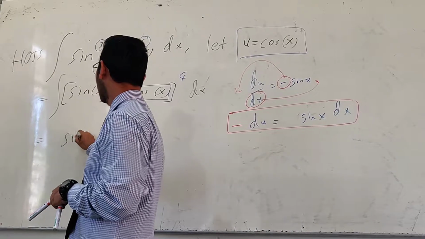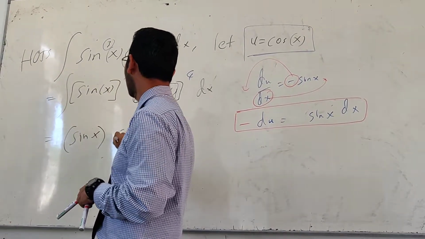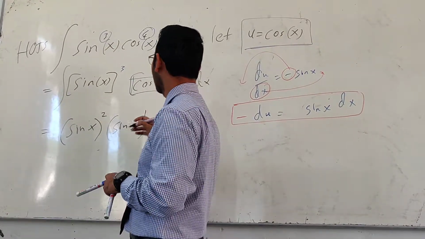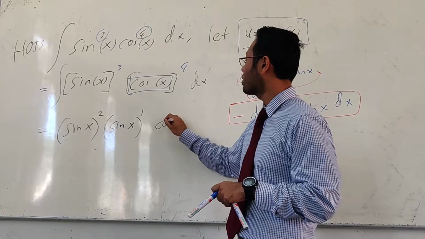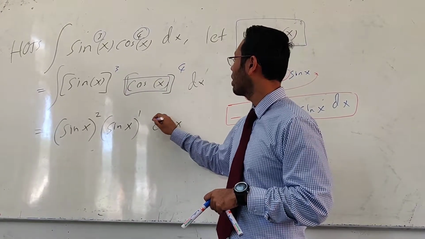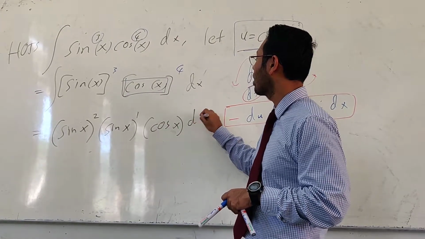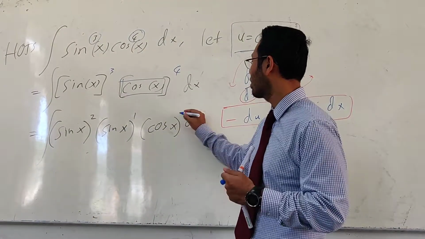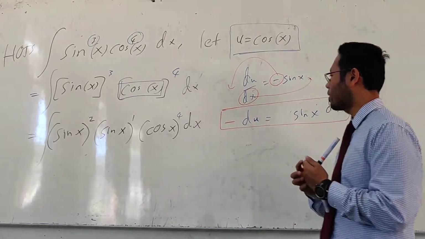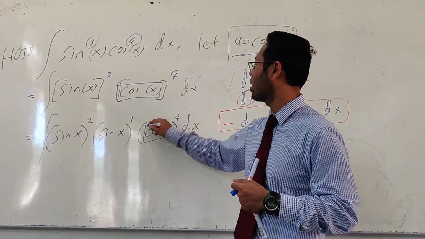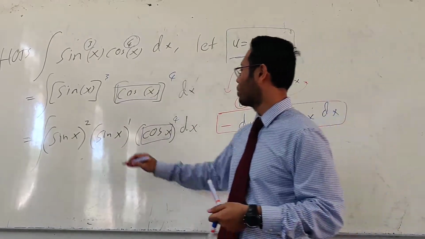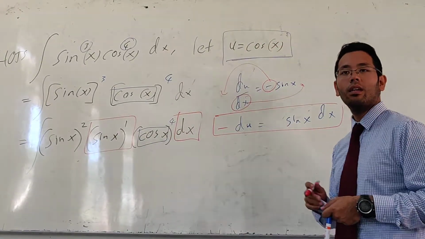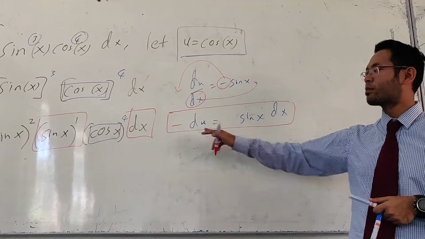Sin squared x and one sin x here. Let's keep the cos x for one moment. So now can you see that sin x dx will be replaced by negative du.